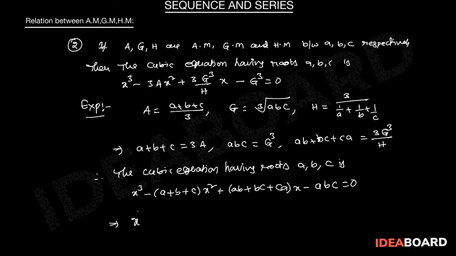That implies x power 3 minus 3A into x square plus 3G power 3 by H into x minus G power 3 equal to 0.